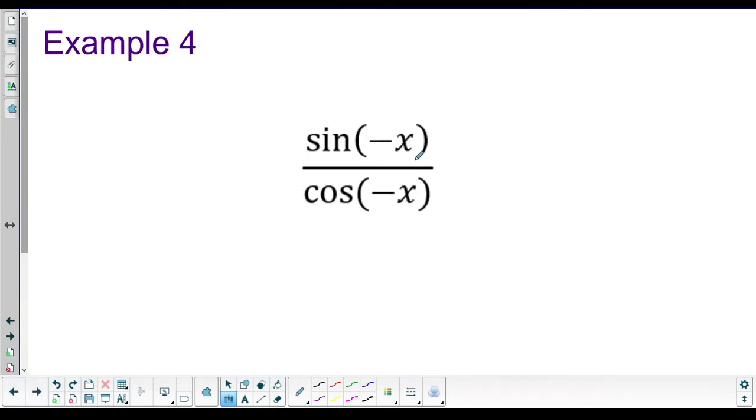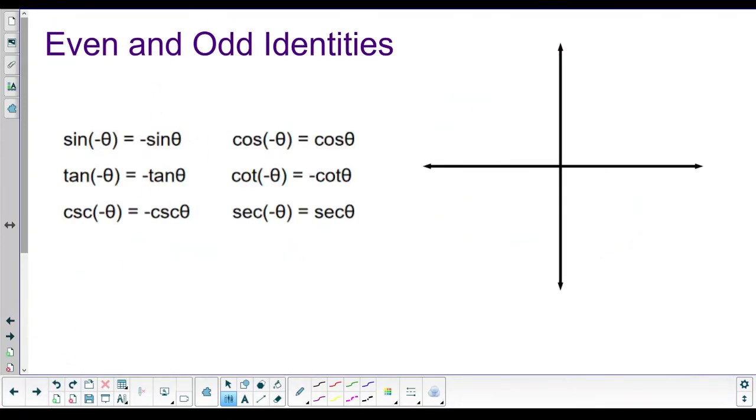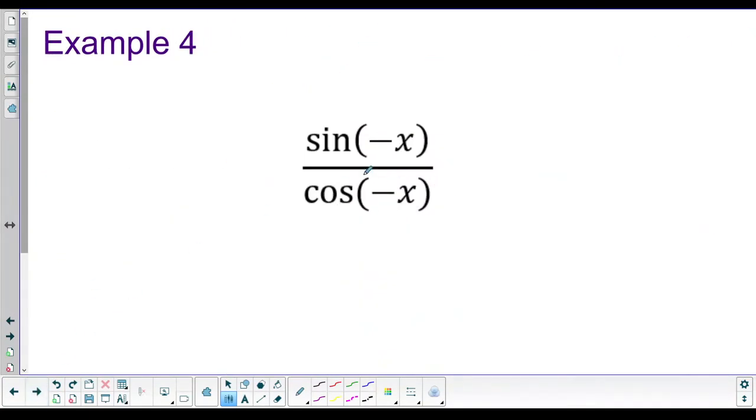So here, this is just maybe for the sake of fiddling with the even odd identities, these ones. So we have sine of negative x. Well, we have an identity for that. We can make this negative sine of x. Okay. Cosine of x, we can just get rid of the negative.